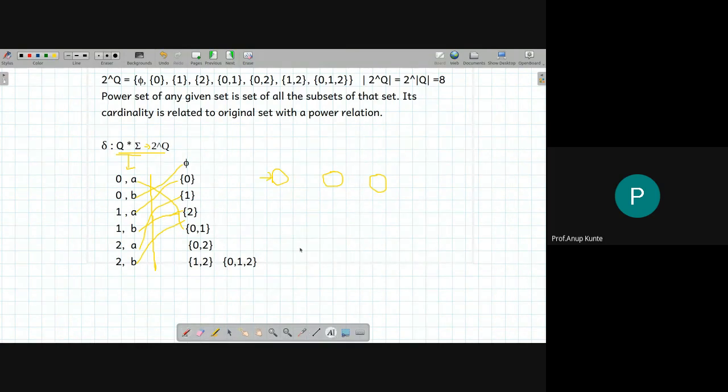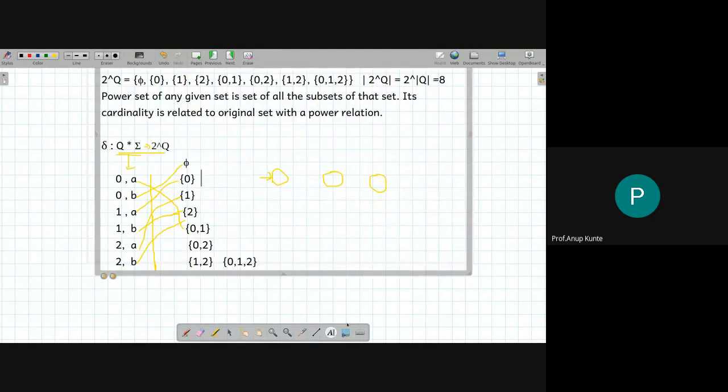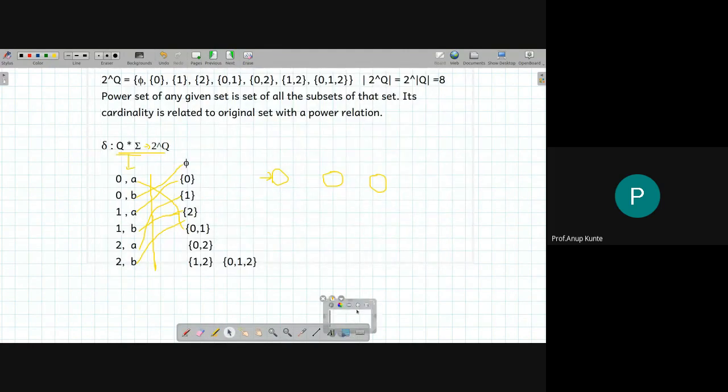Based on the information that we have, I'll move this up here. So this is state 0. This will be my state 1. It takes time for writing all these things. Be patient, but you will understand ultimately what is going on.